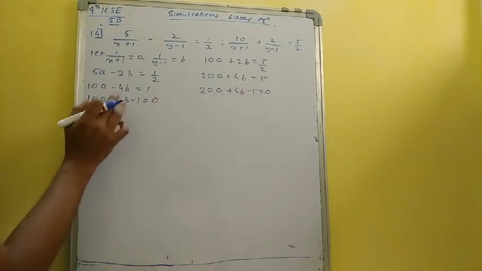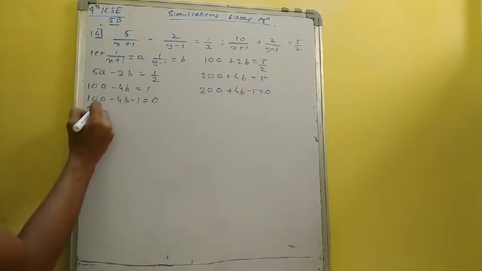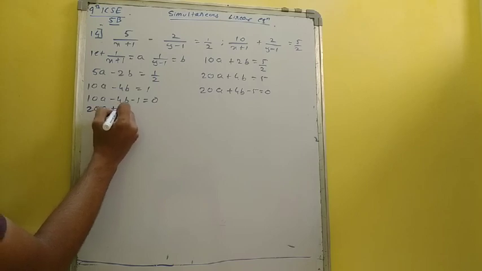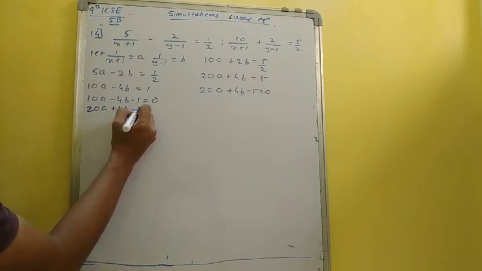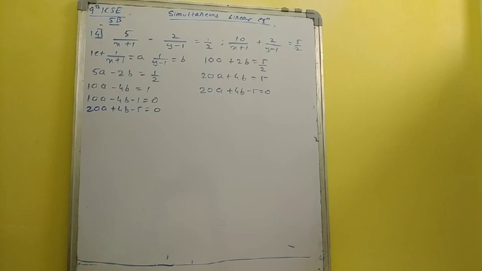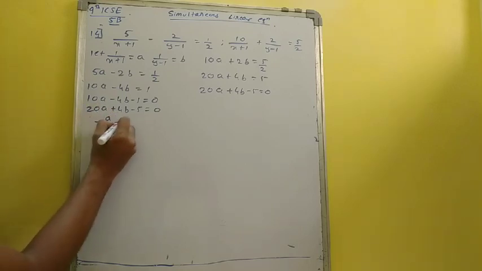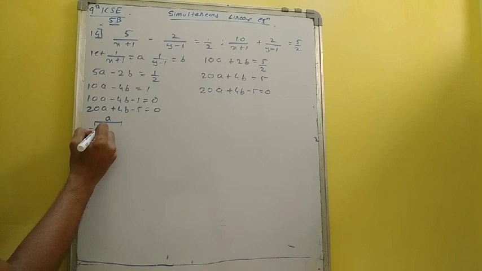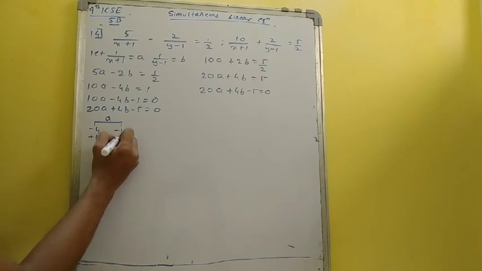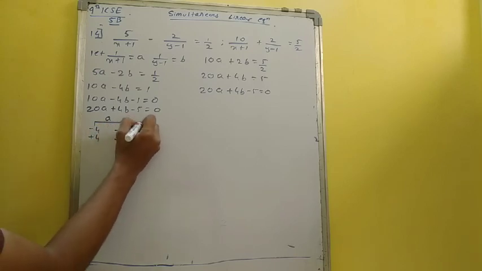Okay. I will write one below the other so that it is easy for me to solve it. So it is 10a plus 4b minus 1 and 20a plus 4b minus 5. Okay. So for a I will take minus 4 plus 4 minus 1 minus 5.